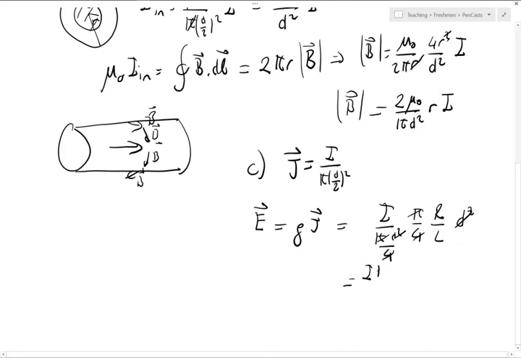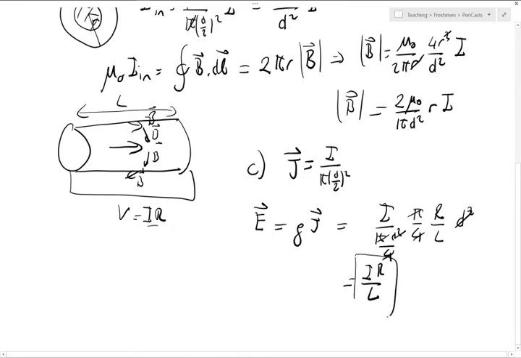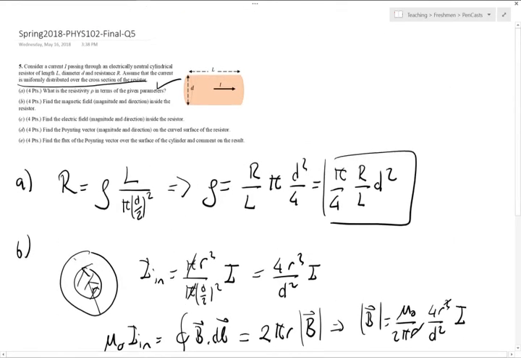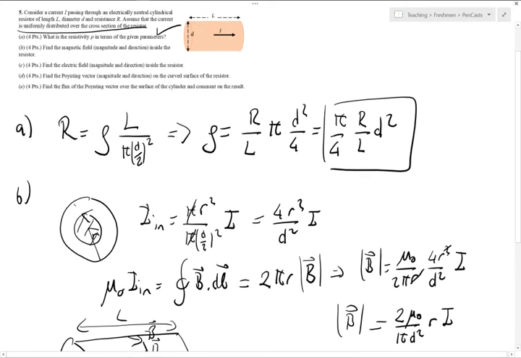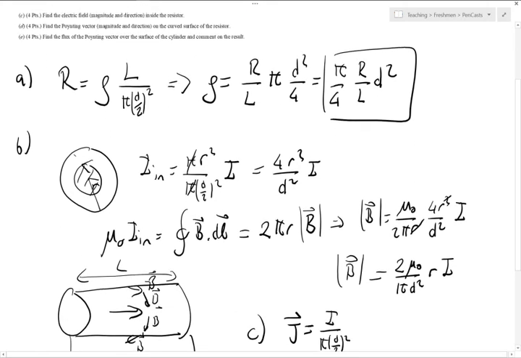That gives me I r over L, which kind of makes sense because the voltage across the resistor is IR. If I divide it by the length of this object, I should find the electric field on the inside. How about part D? Find the Poynting vector, magnitude and direction on the curved surface of the resistor.